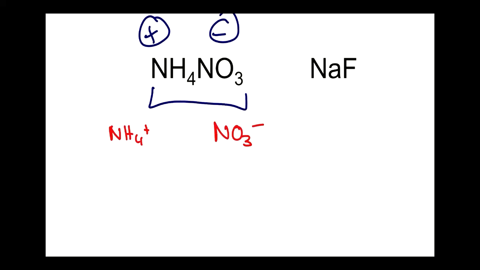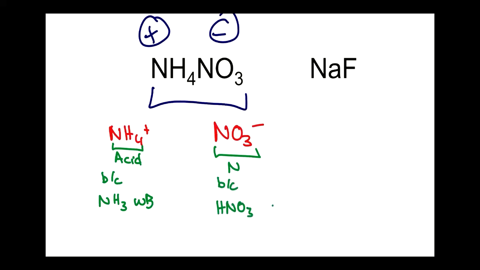Ammonium is going to act like a what? Acid. Why? This is going to be acidic because NH3 is a weak base. So ammonium is the conjugate acid of a weak base, ammonia. So this is acidic. But what about nitrate? This is going to be pH neutral, because HNO3, nitric acid, is a strong acid.